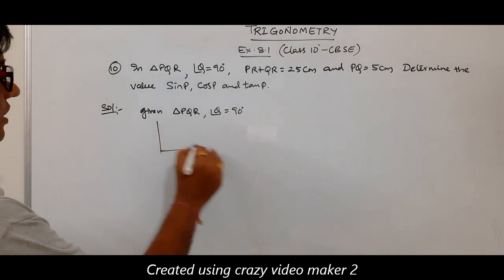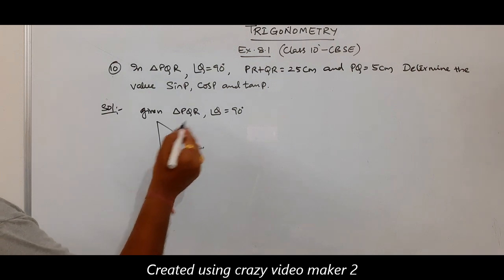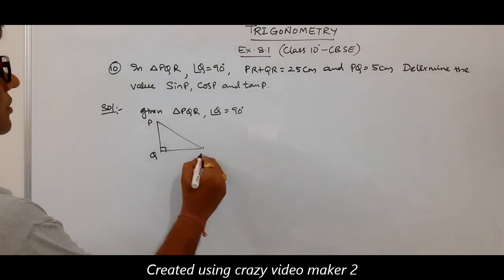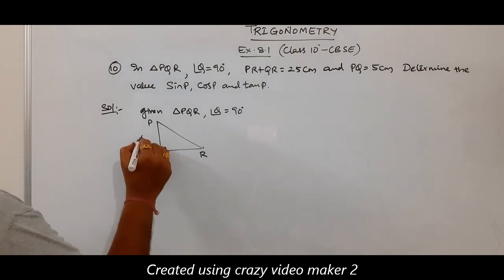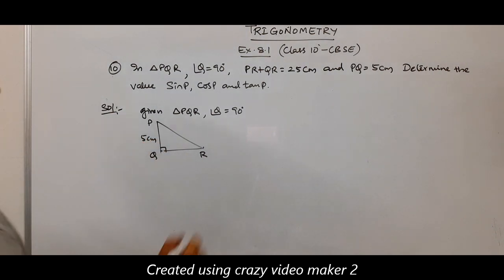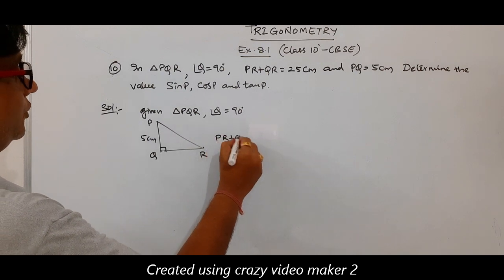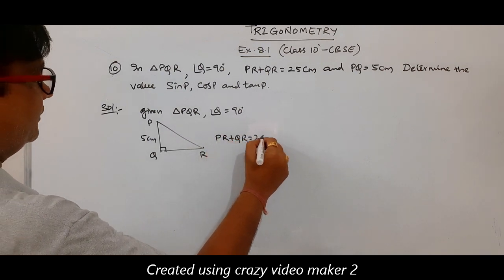Let us draw a triangle. Angle Q is already 90, so P and R are here. PQ is 5 centimeters, and also given that PR plus QR equal to 25 centimeters.